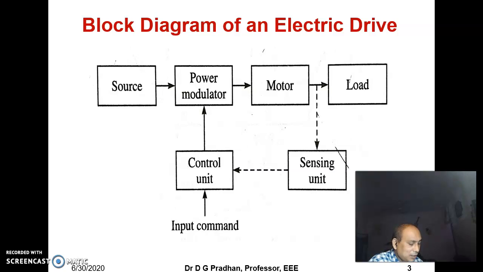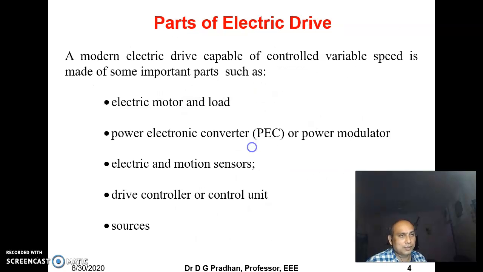The important parts are the electrical motor or load, power modulator, sources, control unit, and sensing unit. In the exam you can draw the block diagram neatly. After that you can write the explanation.